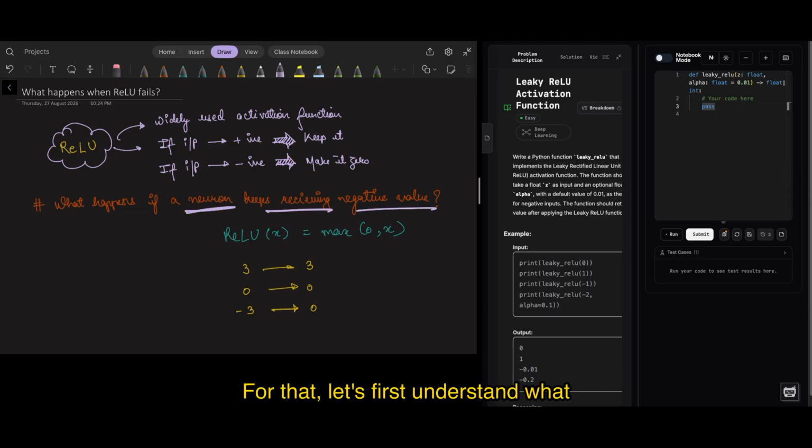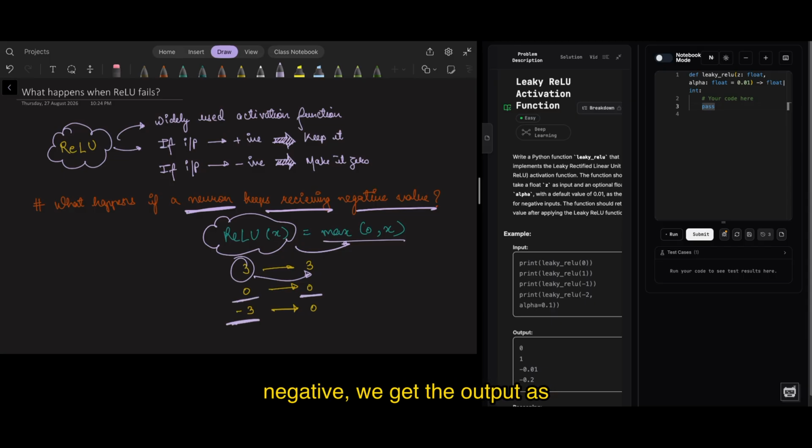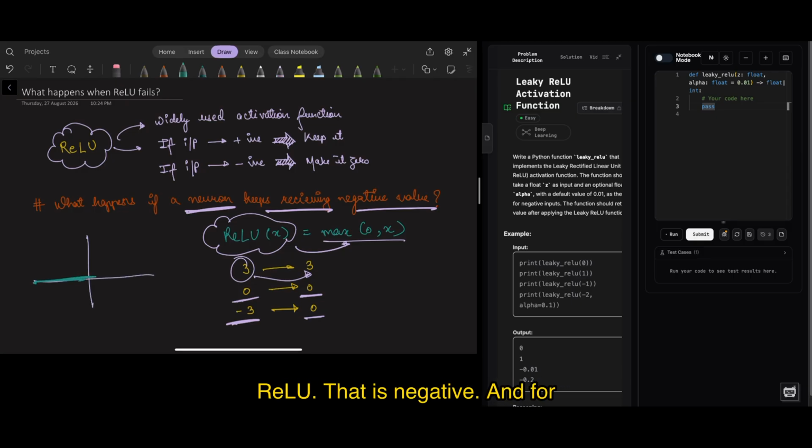For that, let's first understand what ReLU actually is. We know that ReLU is max(0, x). That means when the input is positive, we get the same value as output. If it is 0, we get 0, and if it is negative, we get 0. So here's the graph of ReLU.